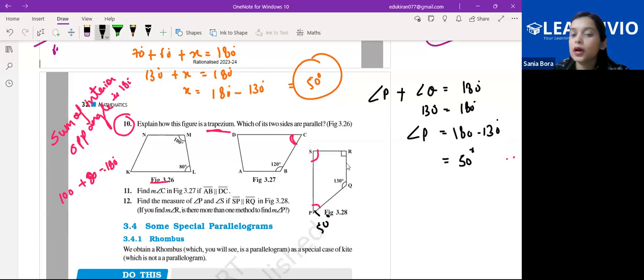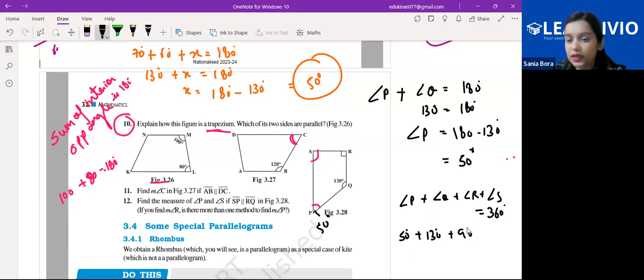Now I told you the sum of the interior angles depends on the number of sides. It has 4 sides, so angle P plus angle Q plus angle R plus angle S equals 360. Angle P was 50, angle Q was 130, angle R was 90, but angle S was not given.